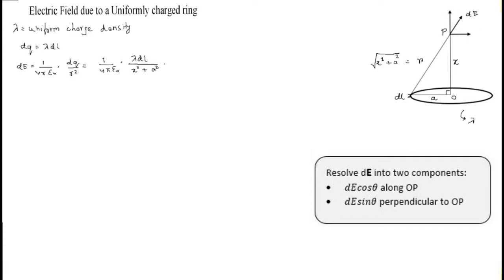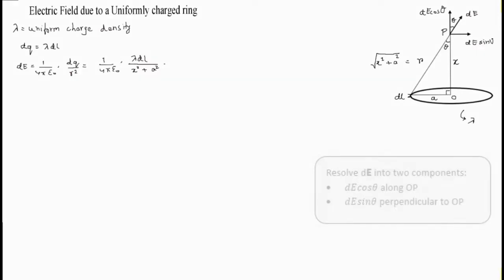One is the cos component and one the sine component. So let us consider this is the angle theta. So according to the concept of geometry, this is a vertically opposite angle. This is also theta, and hence this becomes dE cos theta. So this becomes the cos component, and obviously this becomes the sine component, that is dE sine theta, right?